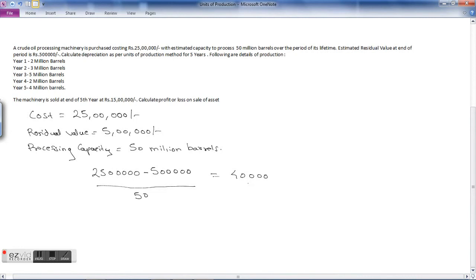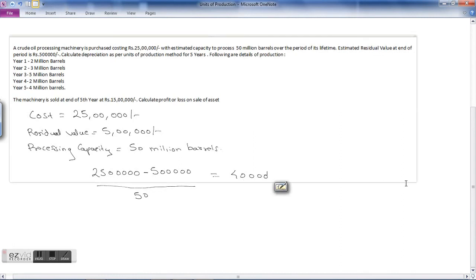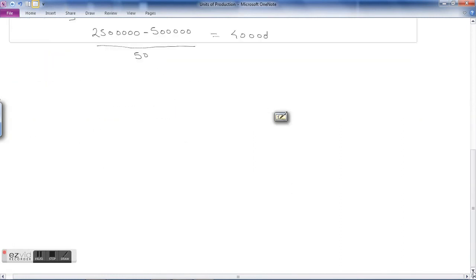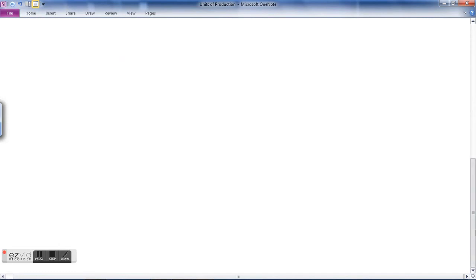Right, correct? Now let's calculate the depreciation for all the years. Okay, so cost of machinery is 25 lakhs. Okay, less depreciation for year 1.